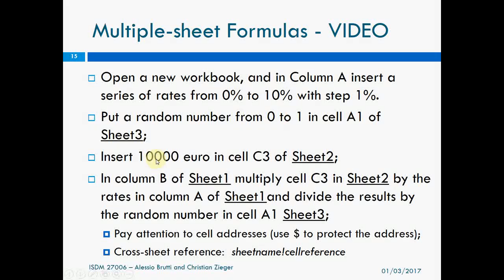Then we need to insert 10,000 euro in cell C3 of sheet 2. And at the end, in column B of sheet 1, we need to insert this formula where we multiply cell C3 in sheet 2 by the rates in column A of sheet 1 and divide the results by the random number in cell A1 sheet 3.